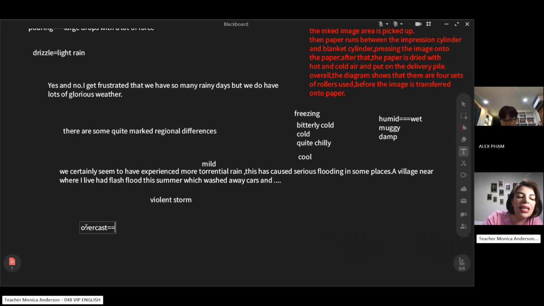Overcast means cloudy. And the next one, that is a really good one, gloomy. It's not bright, there is no sun, and it's a bit cold. So gloomy means not bright and cold.